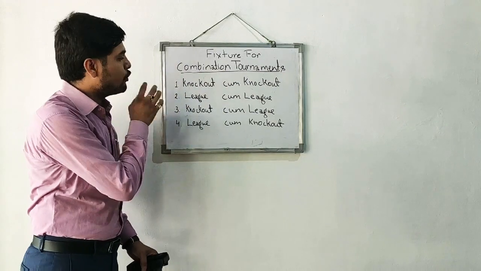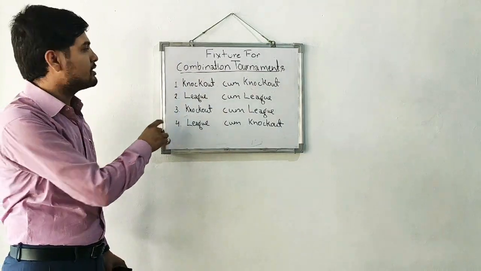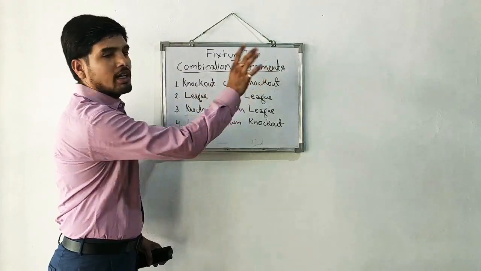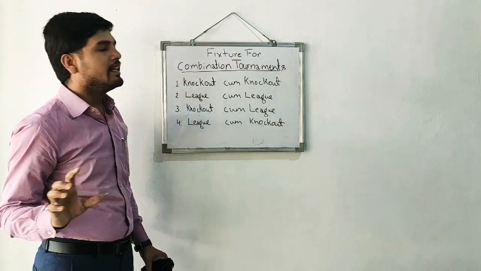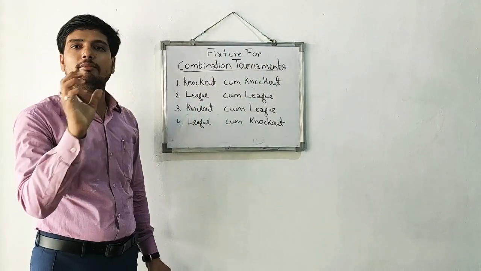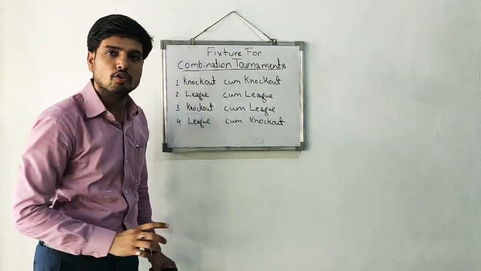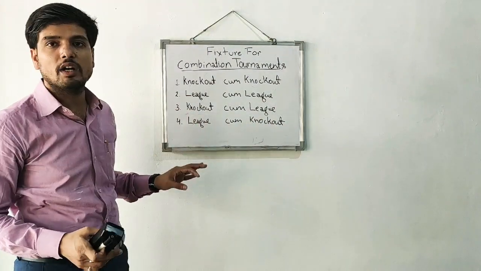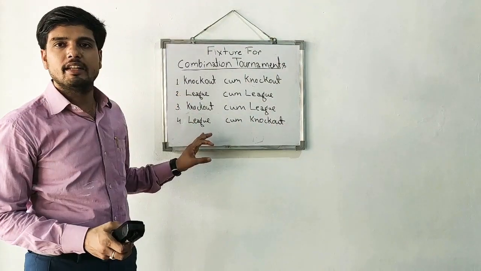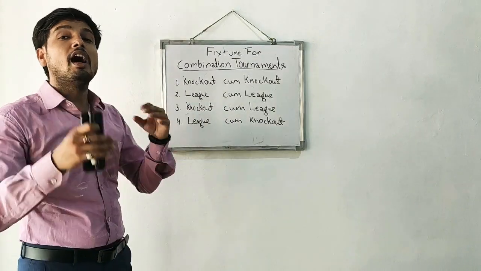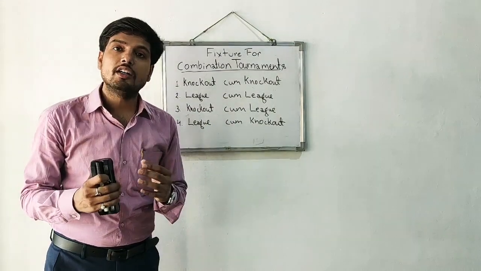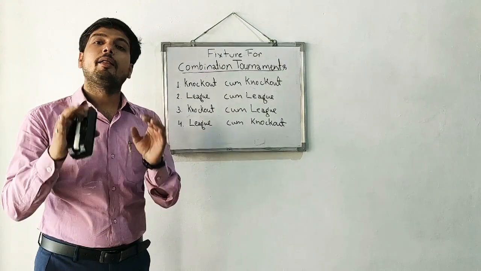So we have four types of combination tournaments: first is knockout come knockout, second is league come league, third is knockout come league, and fourth is league come knockout. Suppose we have to conduct any kind of tournament out of these four, then how can we draw a fixture for that?